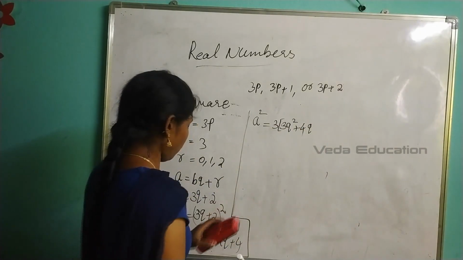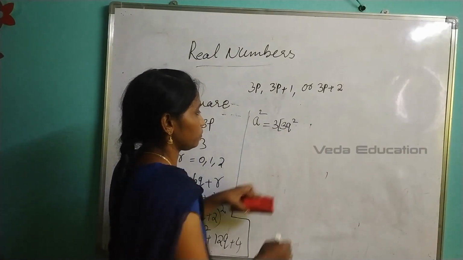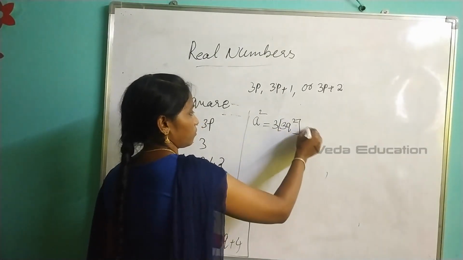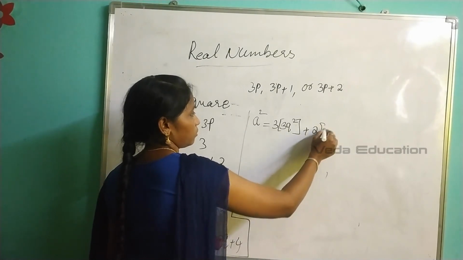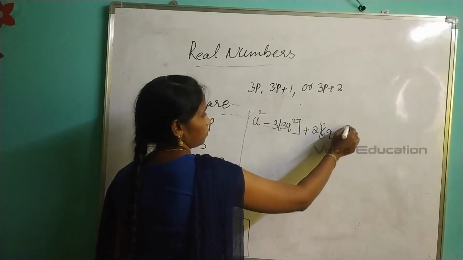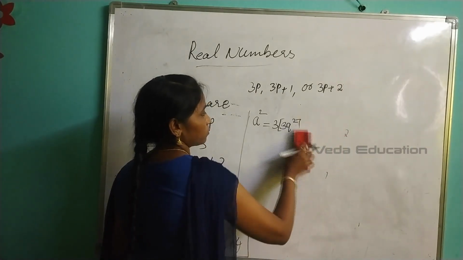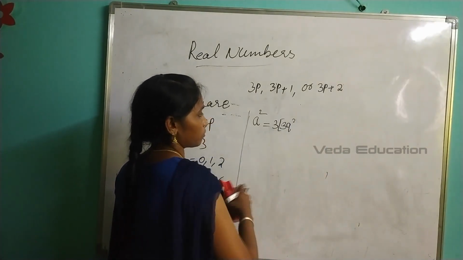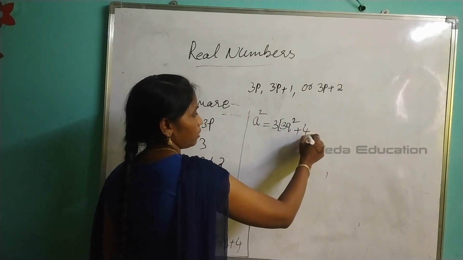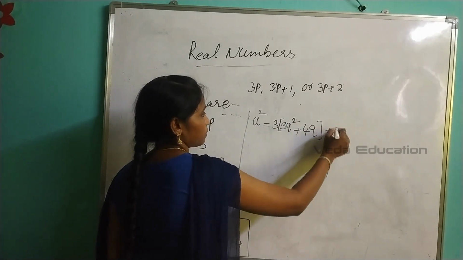Or else take 3 common here and 2 common here: 6q plus 2 becomes 3 fours are 12, 12q plus 4.